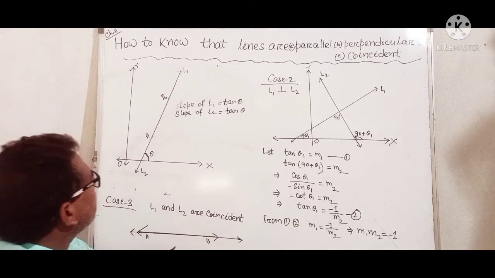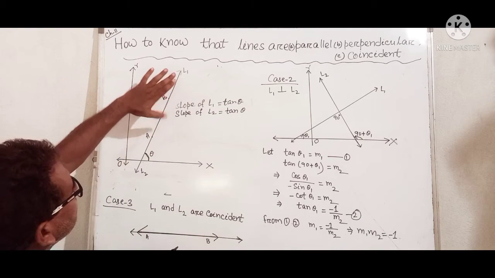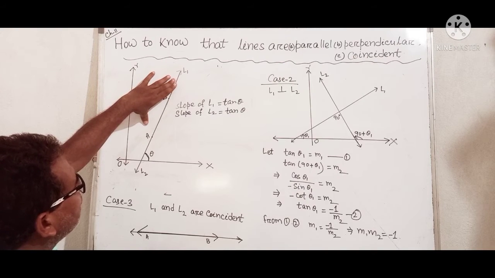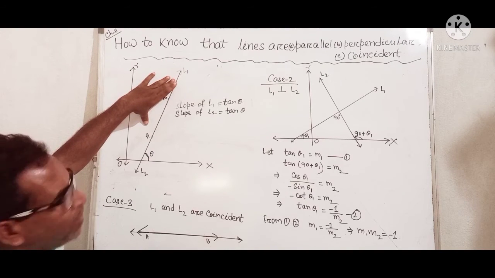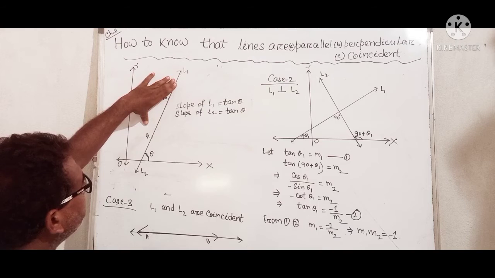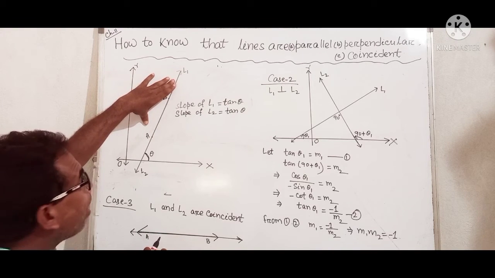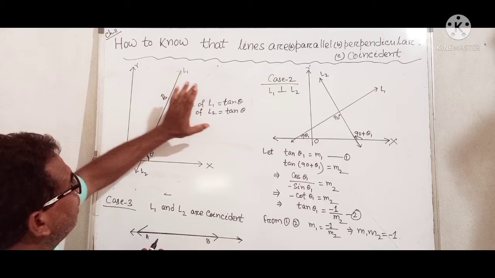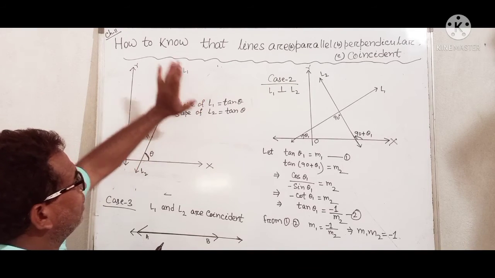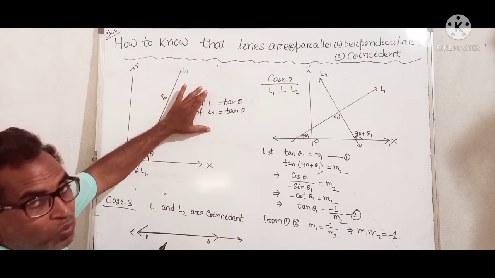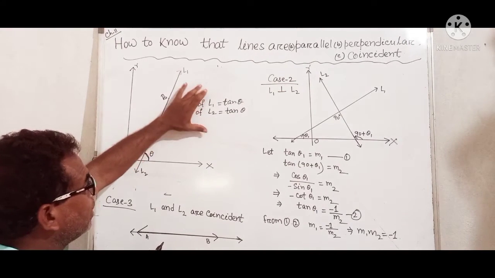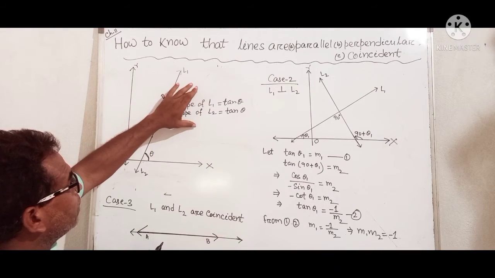Now, we can understand in the graph that two lines are coincident, but without tracing the graphs, how can we know that two lines are coincident? It is not sufficient to prove that two lines are coincident just because the slopes are equal.